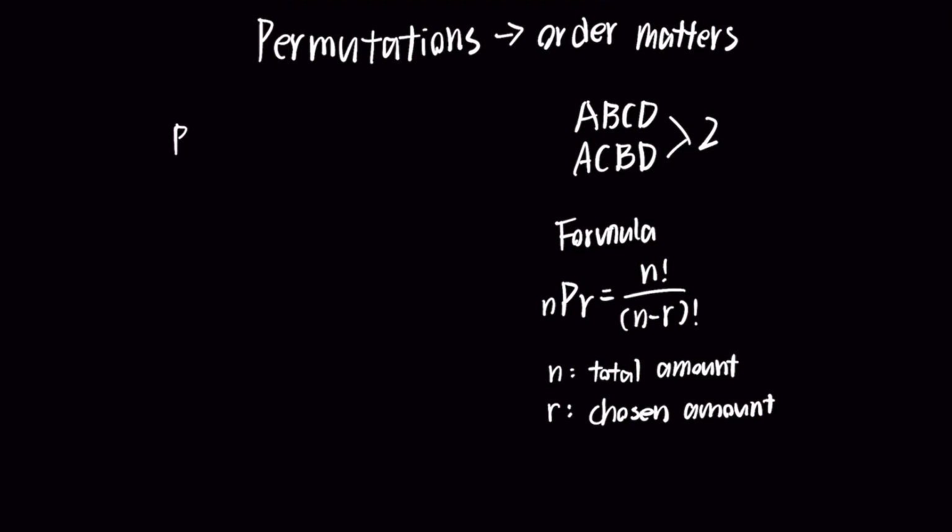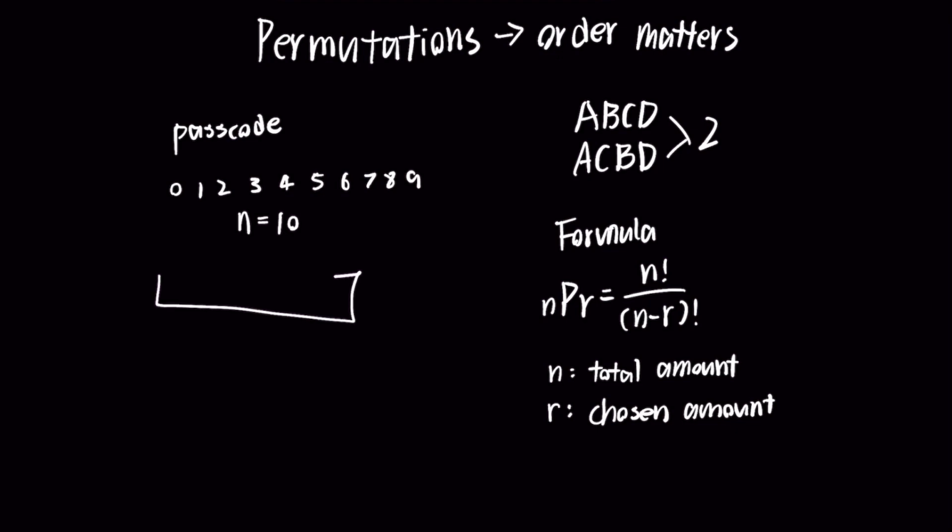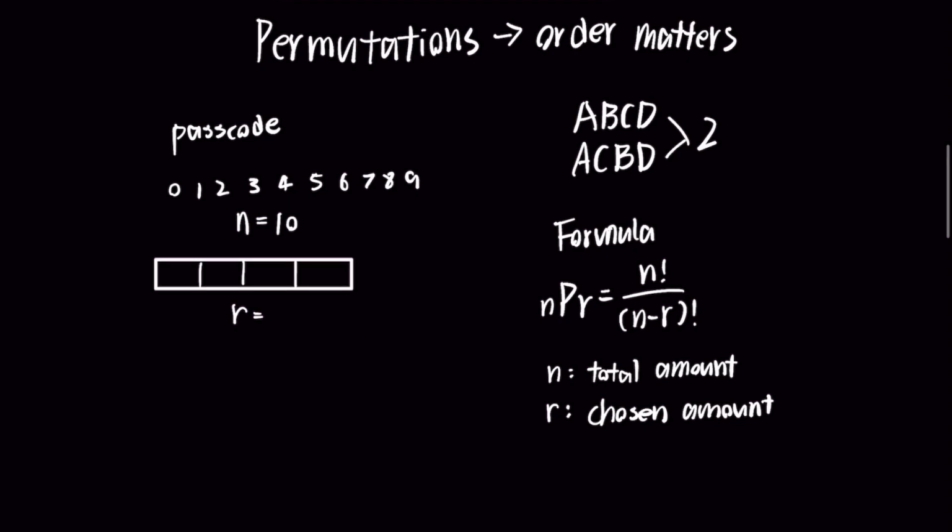Let's talk about a passcode. If there's 10 numbers that we can choose from for a passcode, then that means that n is going to equal 10. Now let's say that we want to choose a passcode that has only 4 digits, then that would mean that r equals 4. So we would write that as 10P4. If you put that into your calculator, you can calculate how many possible passcodes there are for a 4-digit passcode.